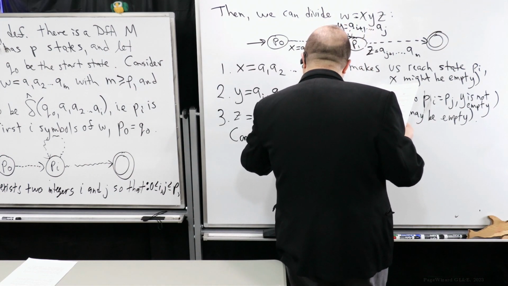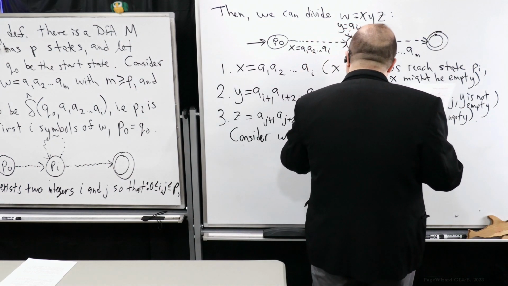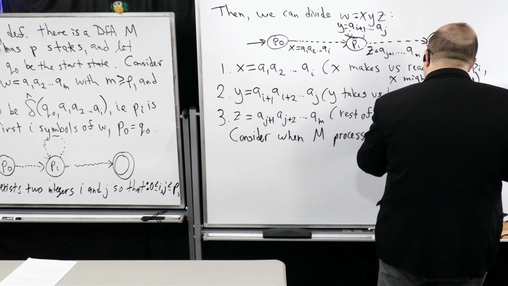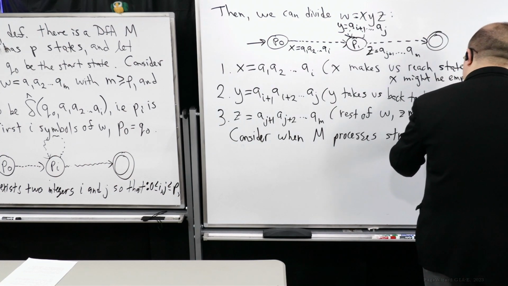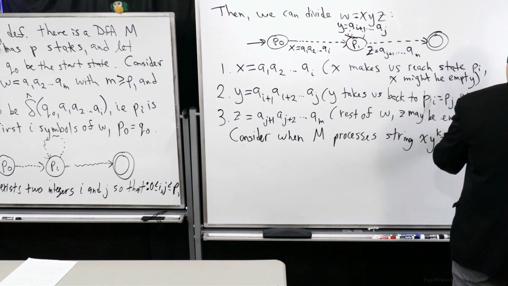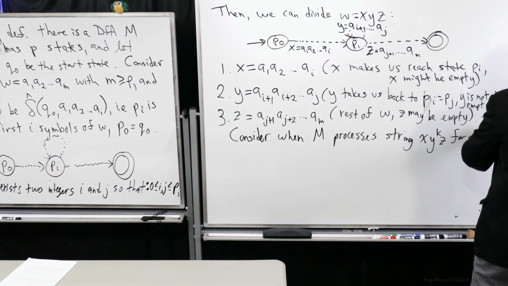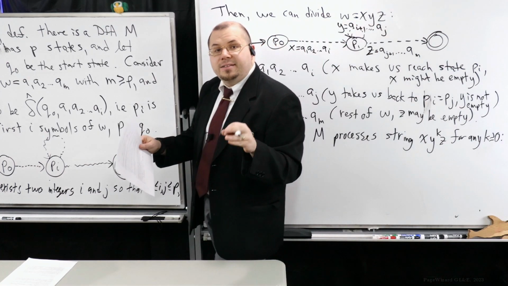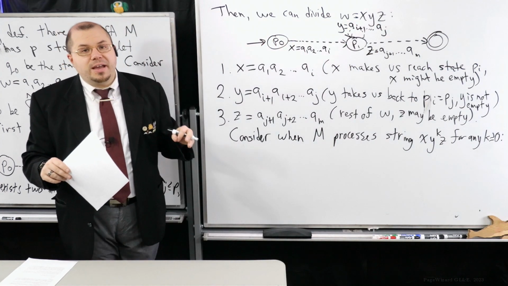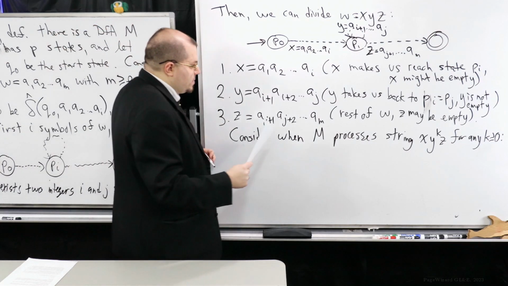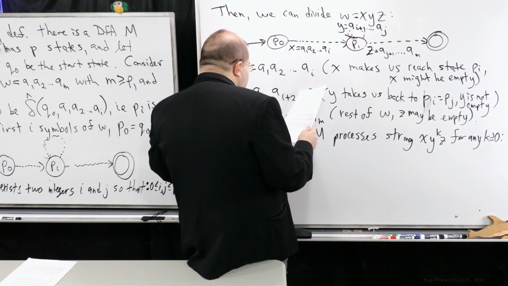Consider when M processes string x y to the k z for any k greater or equal to 0. Let's break it into 2 cases. First, we're going to look at what happens with the DFA when k is equal to 0, and then what happens when k is greater than 0. So we're going to break it into cases.